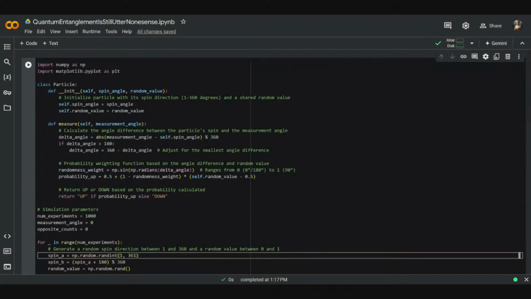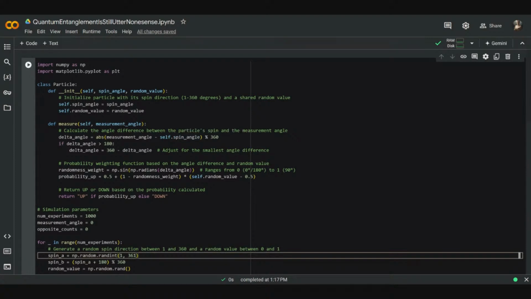So delta is the measurement angle minus the spin. Measurement angle, that's good. Mod 360. Whatever angle it is, spin, and you never want more than 360. That's fine.